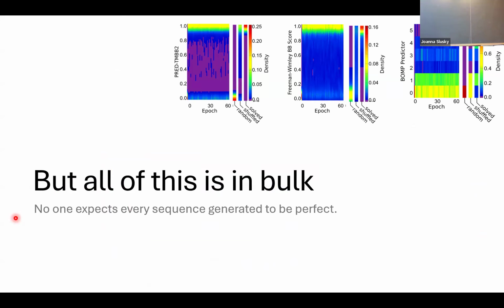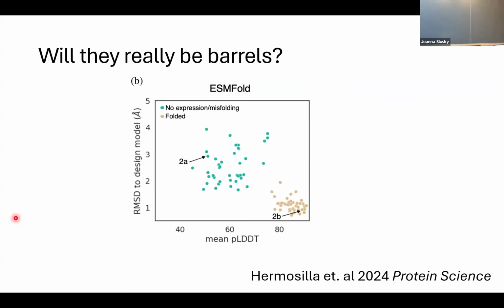There are ways to filter and get the ones that have all the features you want. And will those actually be barrels? We didn't know how to do that other than to test it until this paper was published this summer. And I'm very grateful for it. It's also from Anastasia Verbeda's lab, but it also has Sergey as a co-author, so thank you.